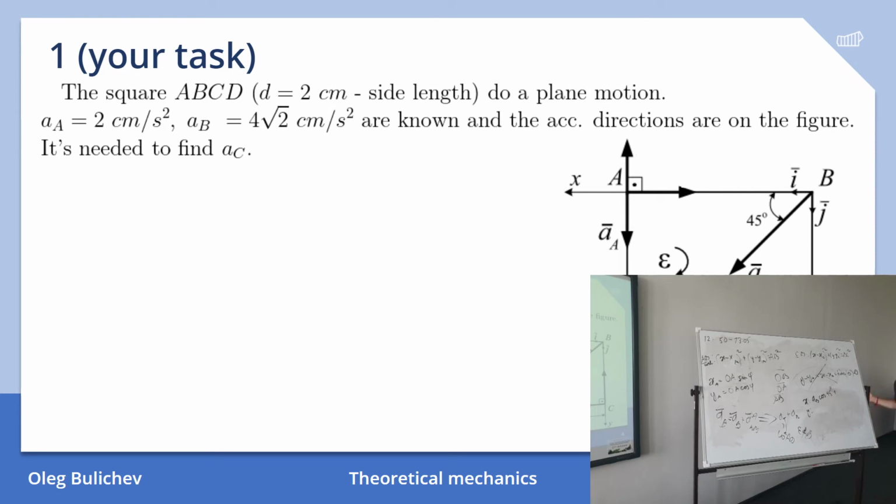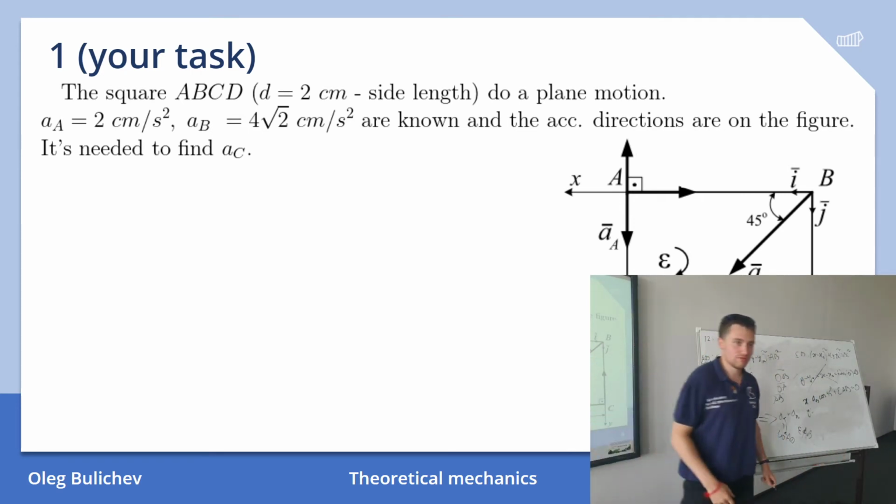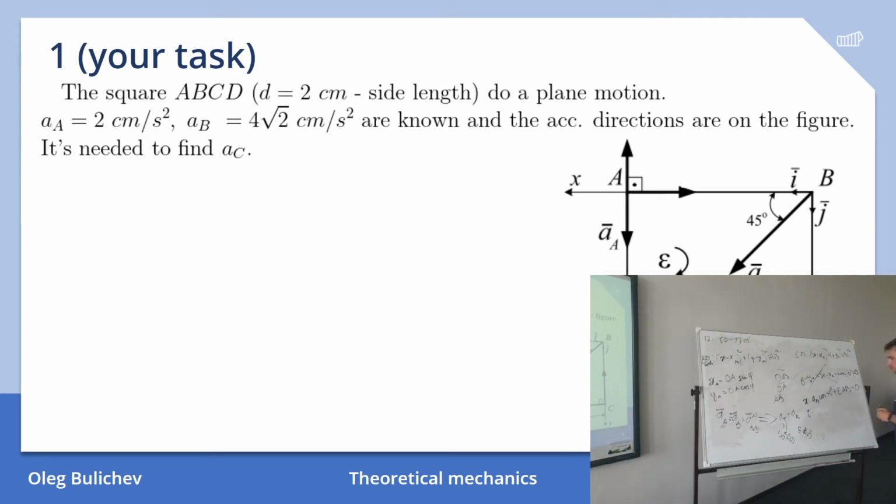But we have normal. Epsilon equals 0, because A on the x-axis will be 0. We know this guy, we can take epsilon from this guy.